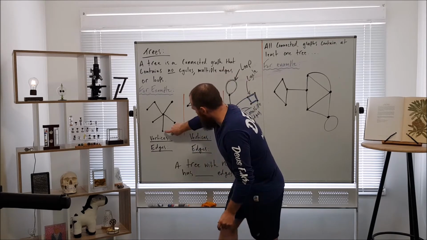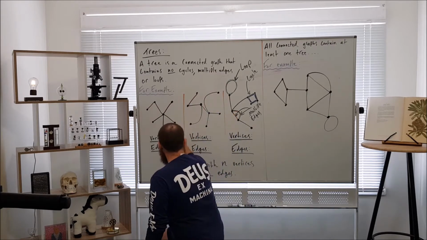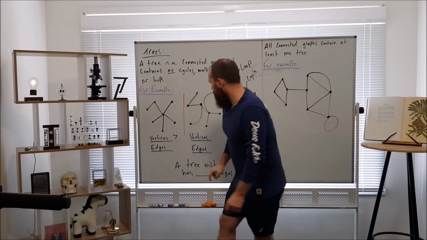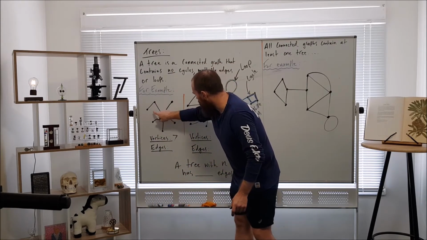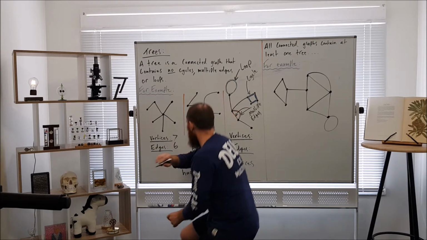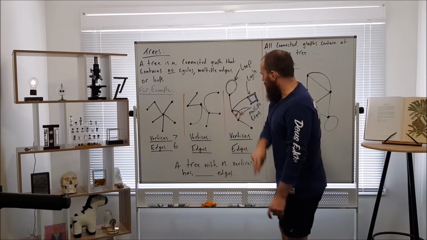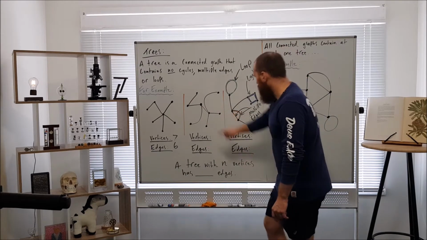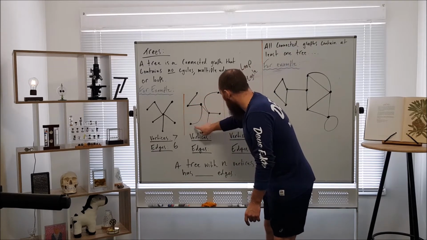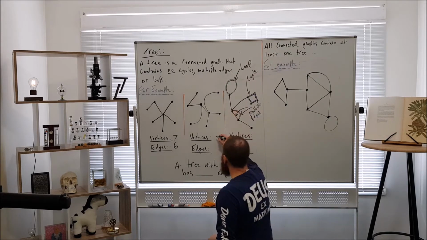Now, let's see how many vertices there are. 1, 2, 3, 4, 5, 6, 7. And how many edges? 1, 2, 3, 4, 5, 6. Okay. One less than the number of vertices. Let's see if that pattern holds for the second example I've done here. We have 1, 2, 3, 4, 5, 6, 7, 8 vertices.